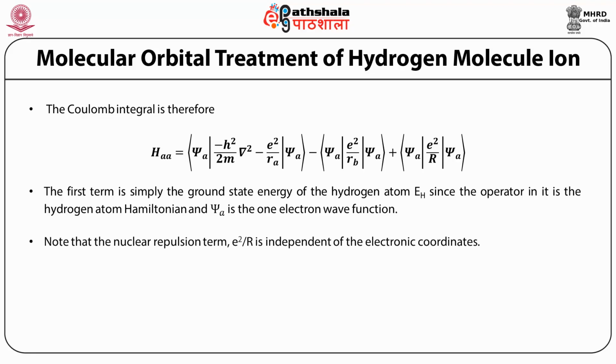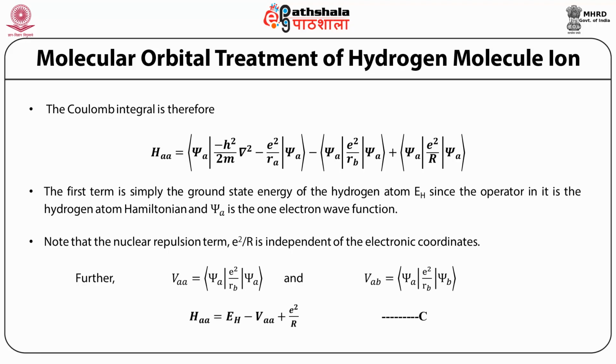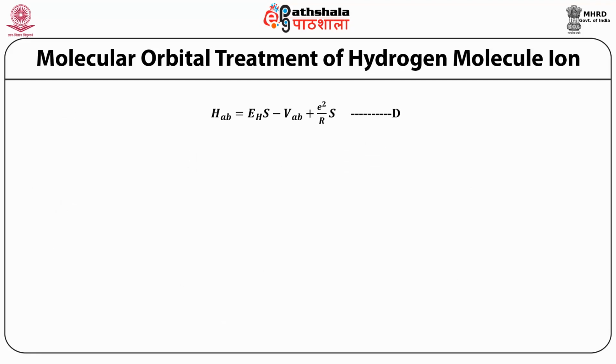The nuclear repulsion term e square upon R is independent of the electronic coordinates. So, further VAA is equal to psi A e square upon RB psi A, and VAB is equal to psi A e square upon RB psi B. HAA is equal to EH minus VAA plus e square upon R, refer to as equation C, and HAB is equal to EH S minus VAB plus e square upon R S, refer to as equation D.